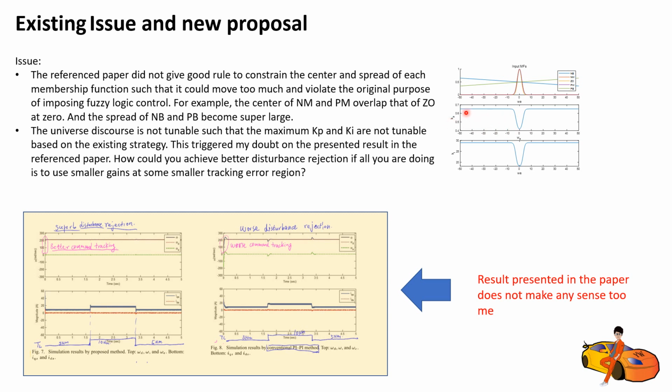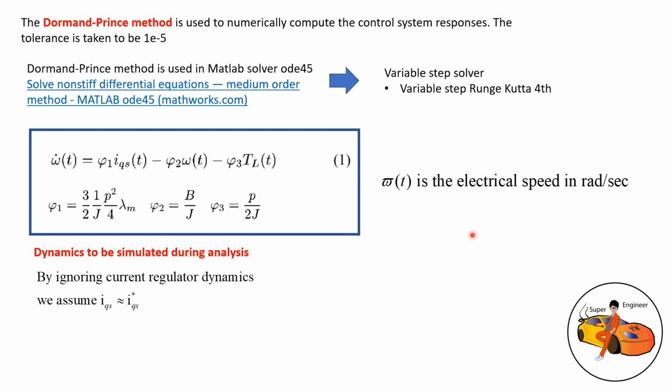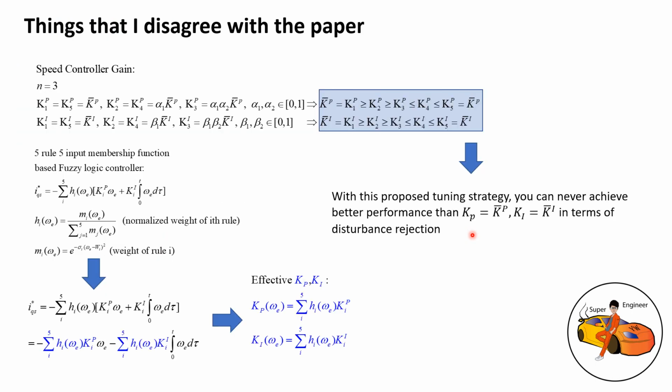But if you reduce the gain compared with always using the largest gain, it's impossible that here you have no deviation, but here you actually have larger deviation when you always use a fixed larger gain. So that just seems impossible to me. That's one thing that I disagree with the paper.